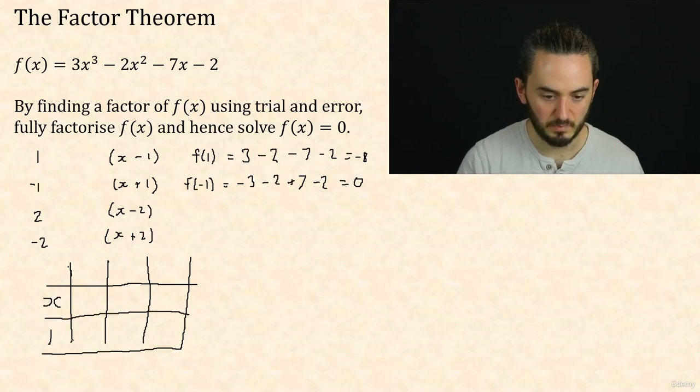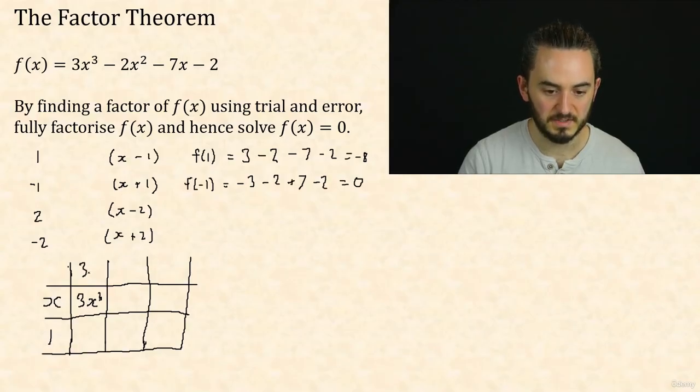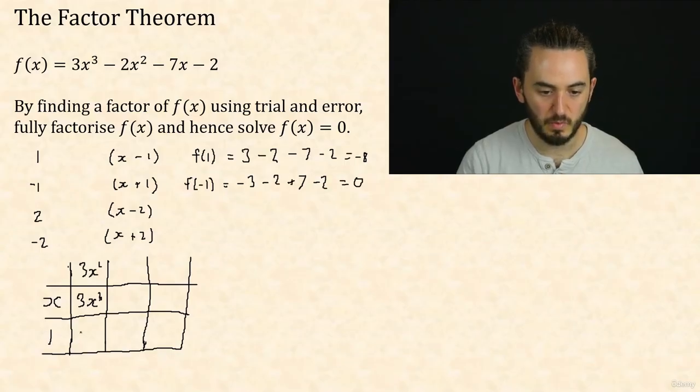I begin with the 3x cubed, and that's got to sit here because that must have appeared from multiplying the x by 3x squared. 3x squared times x is 3x cubed. 3x squared times 1 is 3x squared, but I needed minus 2x squared, so I better have a minus 5x squared here, such that minus 5x squared plus 3x squared is minus 2x squared.